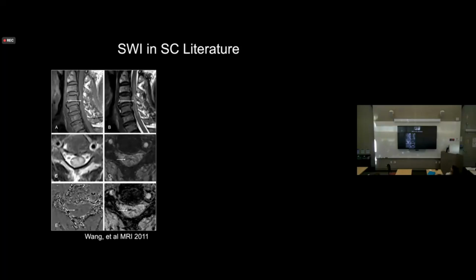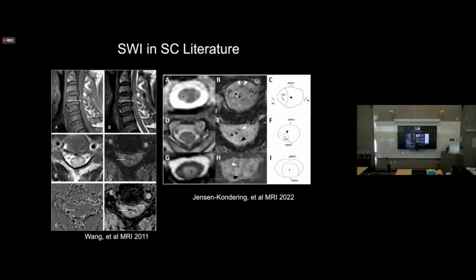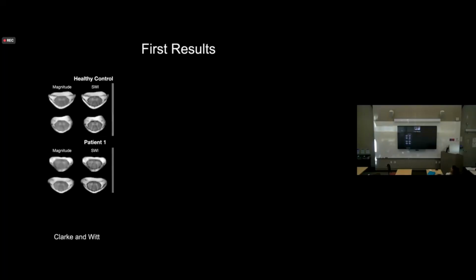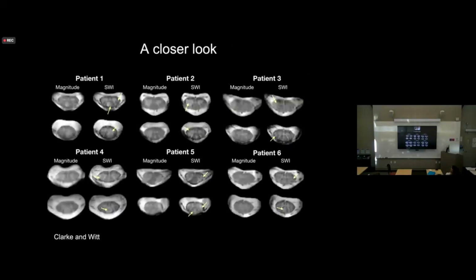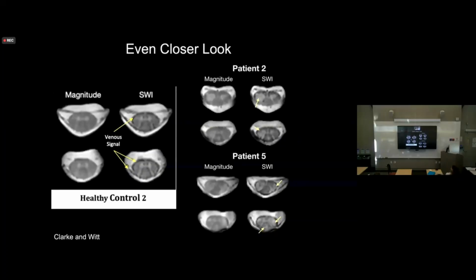So some of the earliest here in 2011, identifying some hemorrhage in the cord. And in 2022, Jensen Condering showed that there is potentially the presence of a central vein sign. And some of the results that we show here, I'm going to click through to one at the very end to identify that there are lesions that we can see in here, the left lateral column, that appears to have a very circular, so sort of the donut presentation of the central vein.